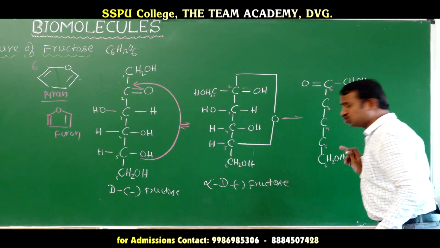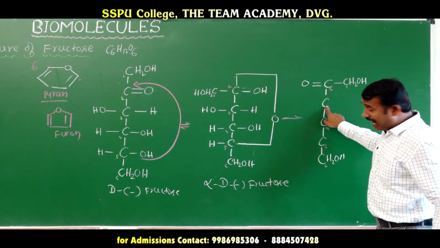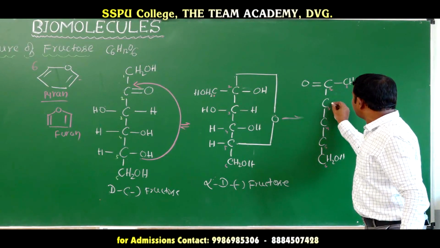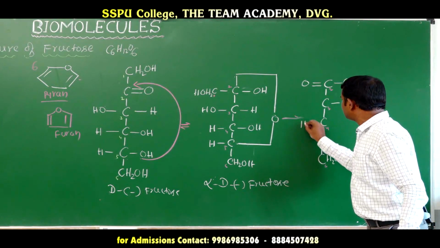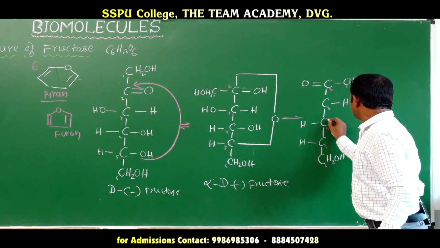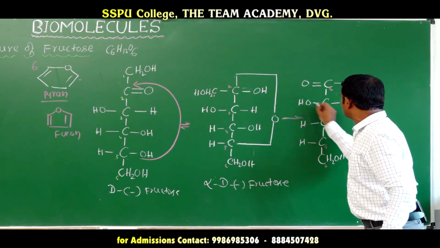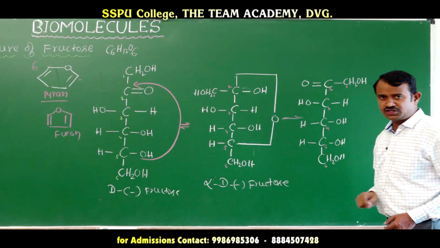Same here also CH2OH. If here hydrogen, here already over, next here it is having a right hydrogen, next left hydrogen, again here also left hydrogen, hydroxy group is coming OH, here also OH, here also OH.